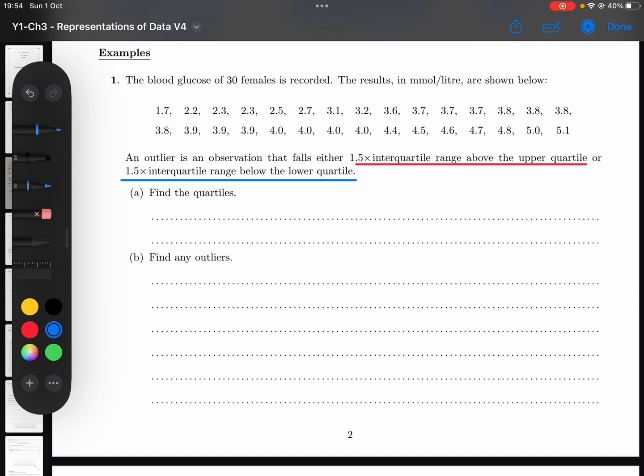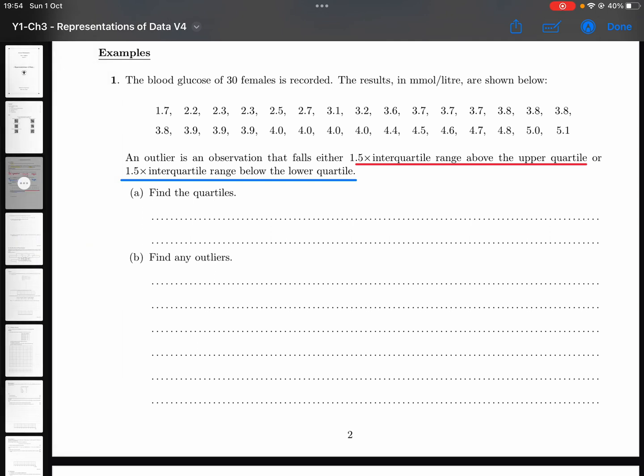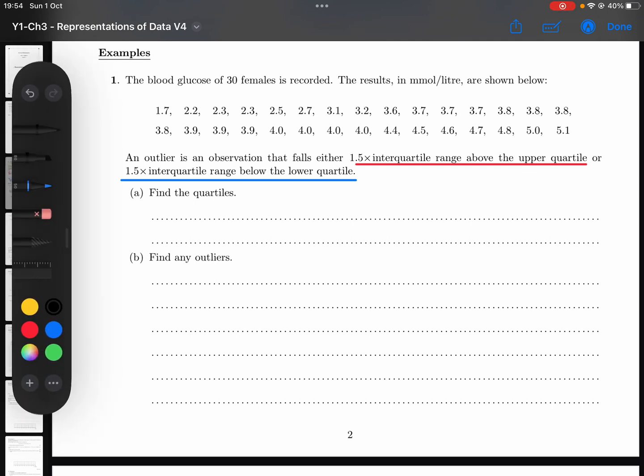Okay. Part A asks us to find the quartiles. We will recall that the formula for the lower quartile, Q1, is n over 4 data points. In this case, n is the number of data points, so n would be 30. So we're looking for 30 divided by 4 equals 7.5 data points.